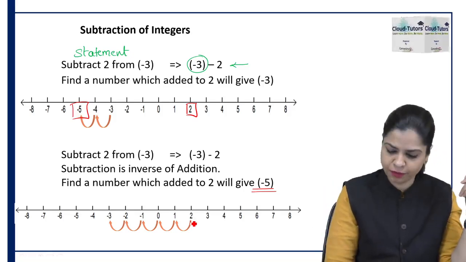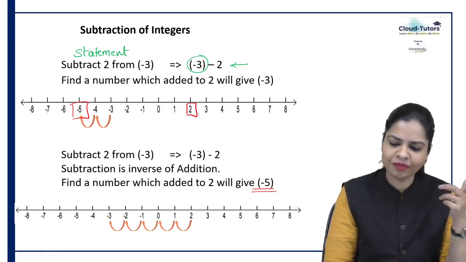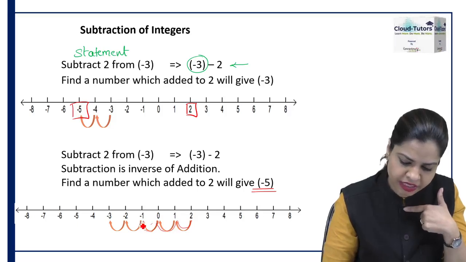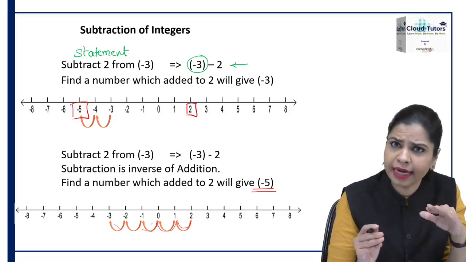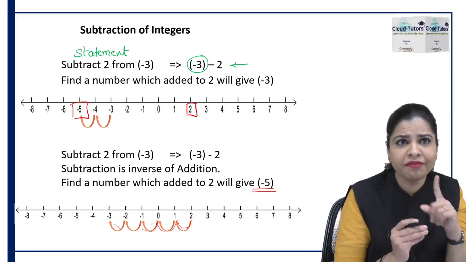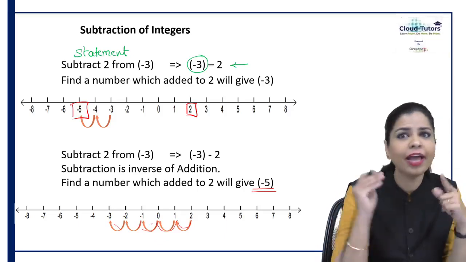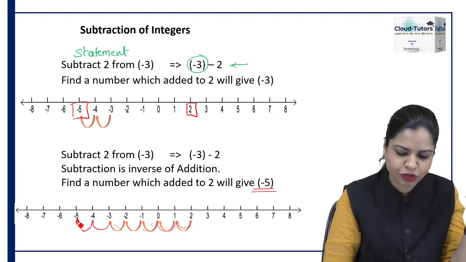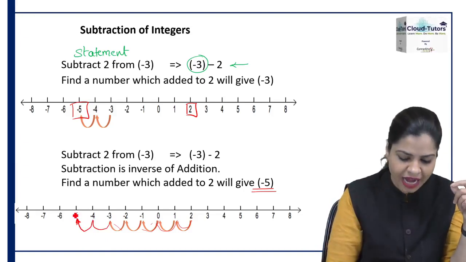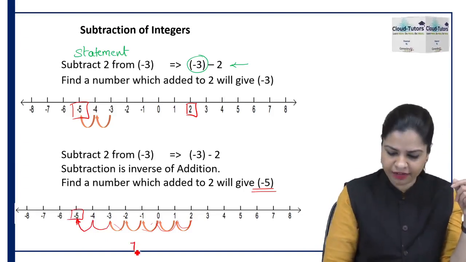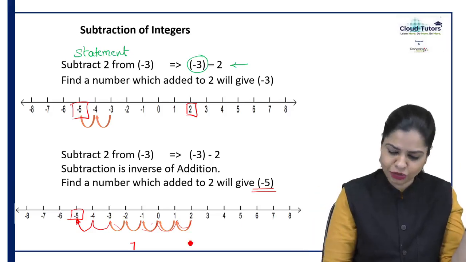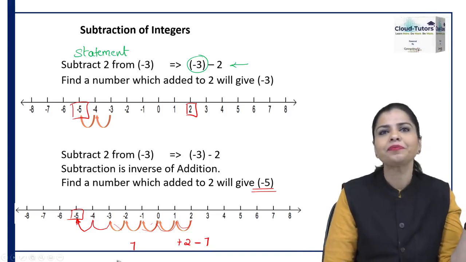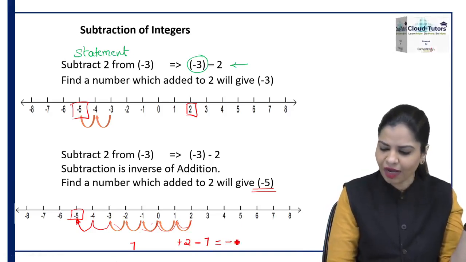How many places do I need to move? 1, 2, 3, 4, 5. Done. I have moved 5 places. Have I reached negative 5? No. So let's move again. 6 and 7. To get the answer of negative 5, I moved 7 steps. So how do I write this? Plus 2 minus 7 gives me the answer as negative 5.